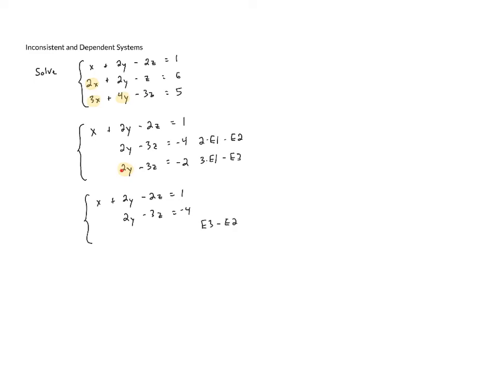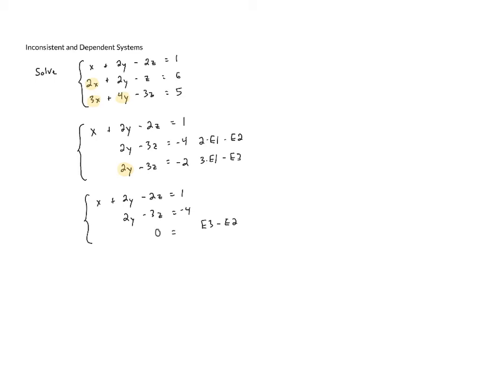In this case, 2y minus 2y is nothing, those go away. Negative 3z minus negative 3z is the same as negative 3z plus 3z, which is 0. And so really on the left-hand side of this equation, because everything cancels out, we're just left with 0.